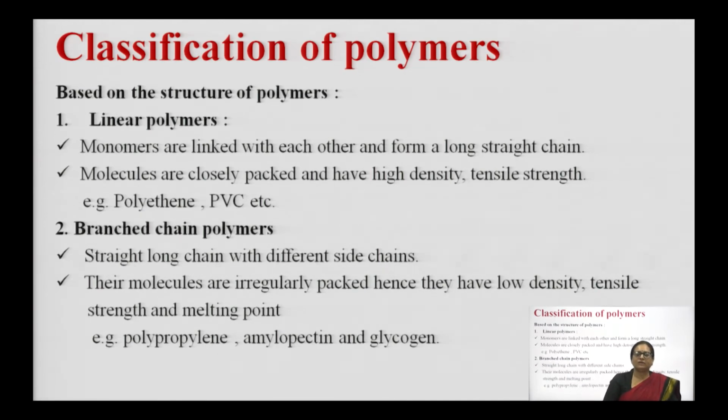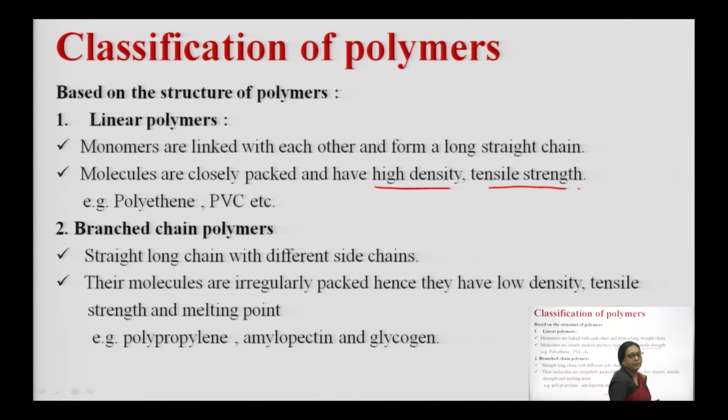As a result, they form a closely packed arrangement, and these polymers have high density and high tensile strength. Because of this, they find different applications as compared to branch chain or cross-linked polymers. Examples are polyethylene and polyvinyl chloride.